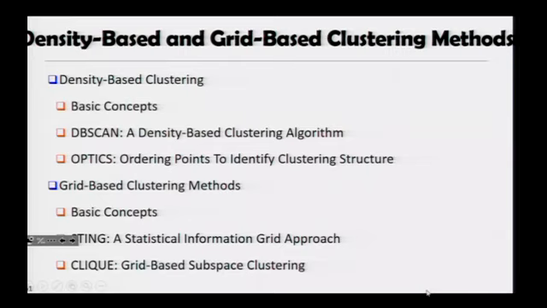DBSCAN, a density-based clustering algorithm, which is the very first density-based clustering method, and then its further extension, OPTICS, which stands for ordering points to identify the clustering structure. And for the grid-based methods, I will talk about STING, a statistical information grid approach, and CLIQUE, the grid-based subspace clustering.